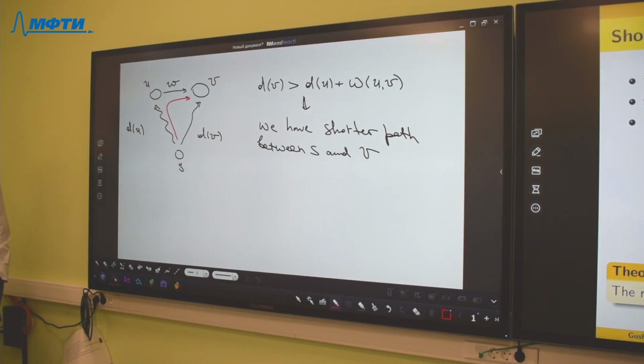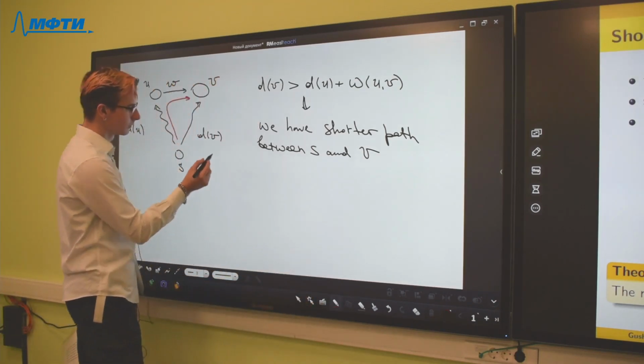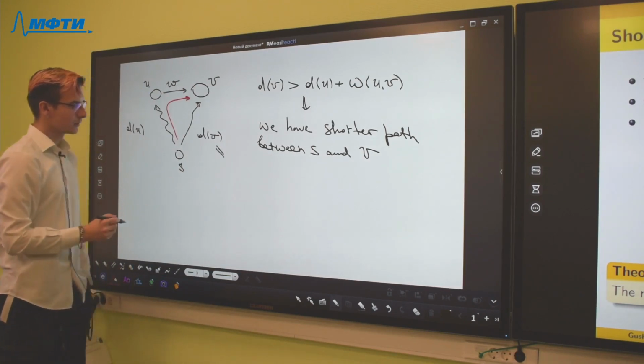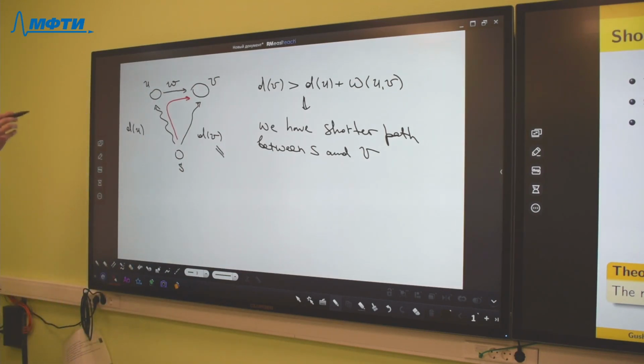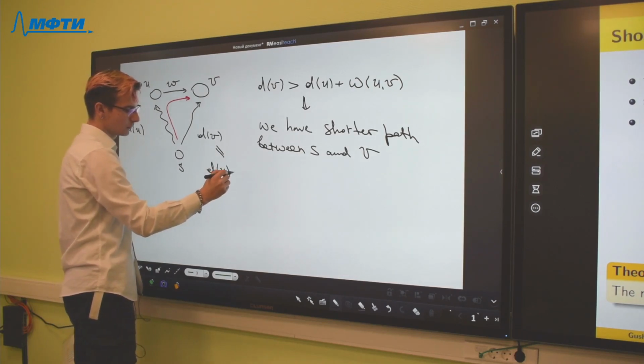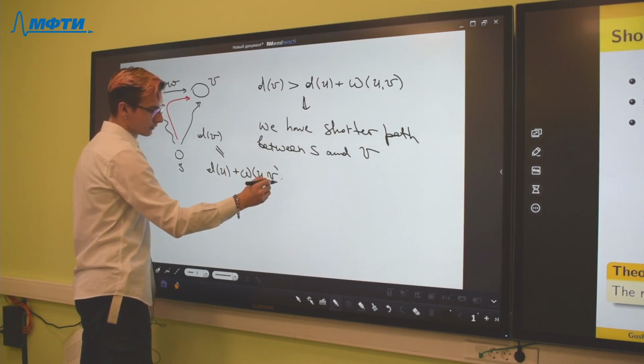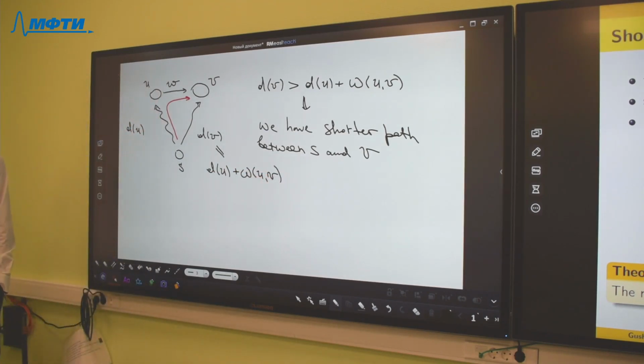So we have a shorter path, and then we set new d of V equal to d of U plus weight of UV. Okay? This operation is named relaxation of edge UV.